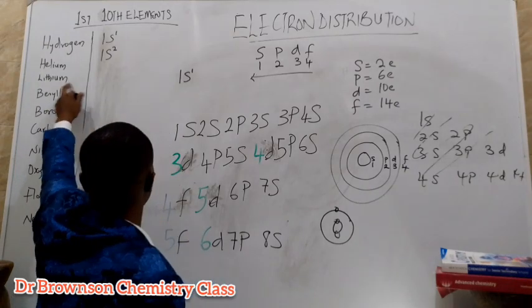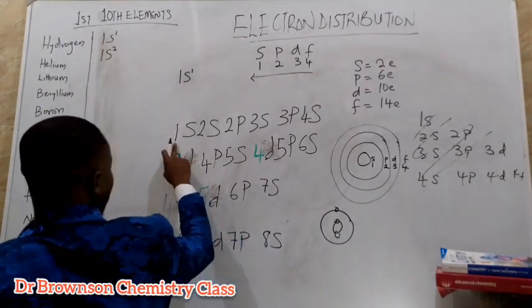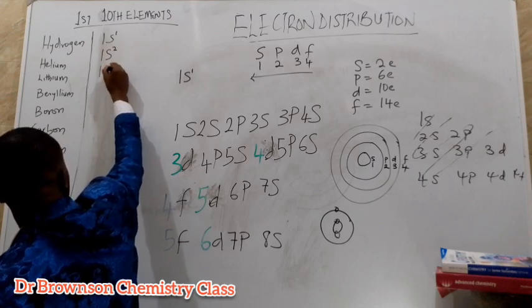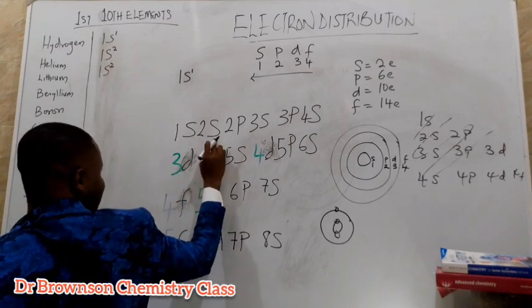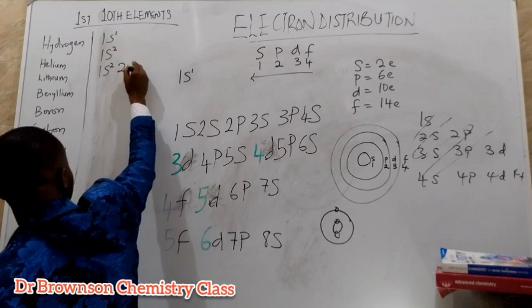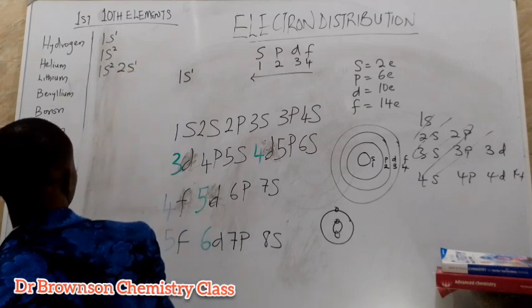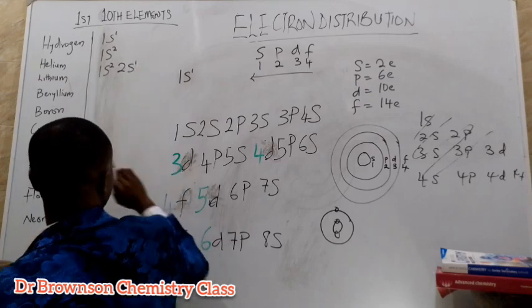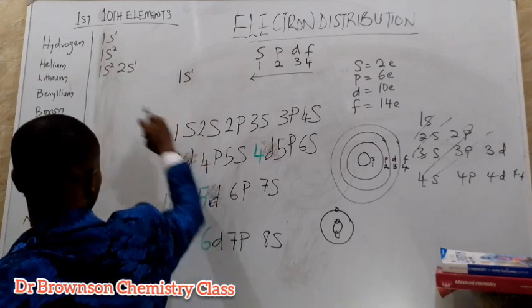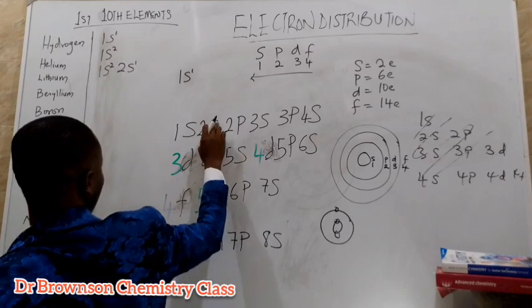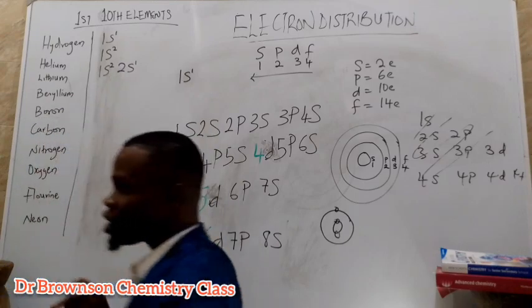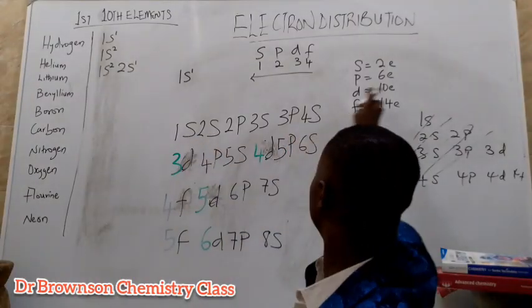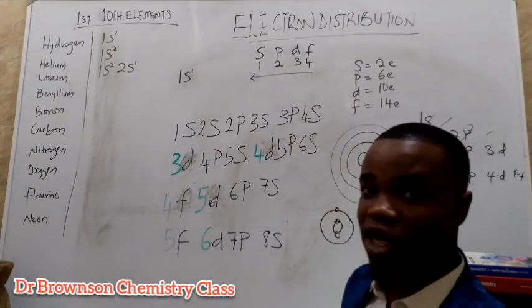So we are going to have 1s2, 2s1. Remember, it is not 1s3. You cannot write 1s3 because s orbital can only contain 2 electrons.